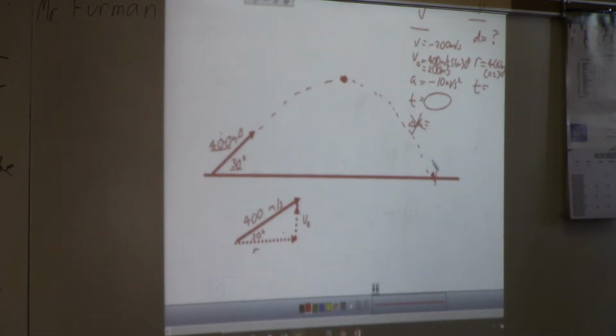Another common question that you may see is, say right here, what is its acceleration? It's negative 10 meters per second squared. Right here, what is its acceleration? Negative 10 meters per second squared.